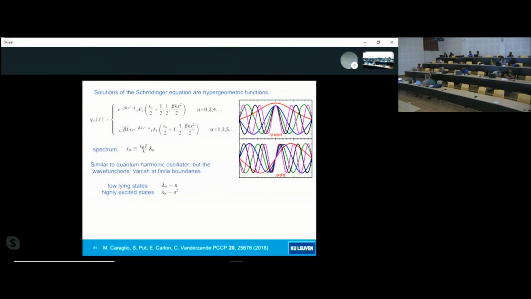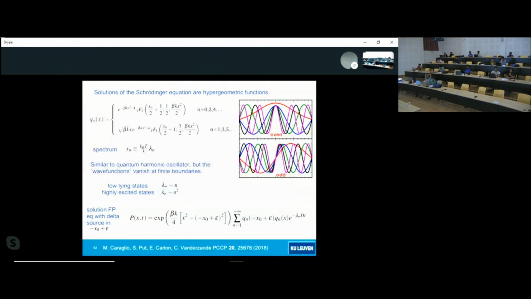When you go up and up in energy, what makes the quantization is the boundary. The system doesn't see the potential landscape below anymore. And this is important for what I'm going to say later.